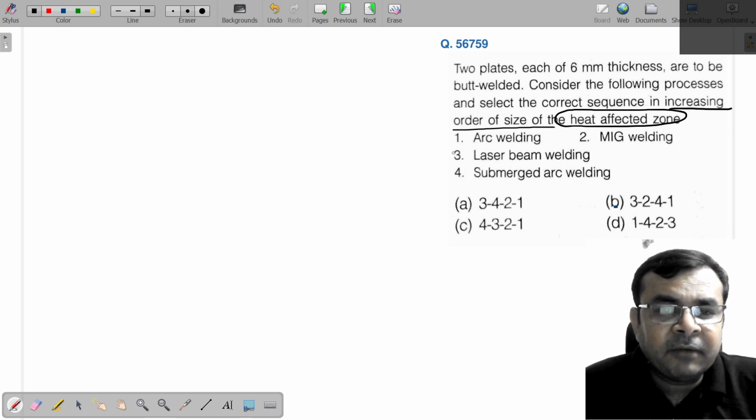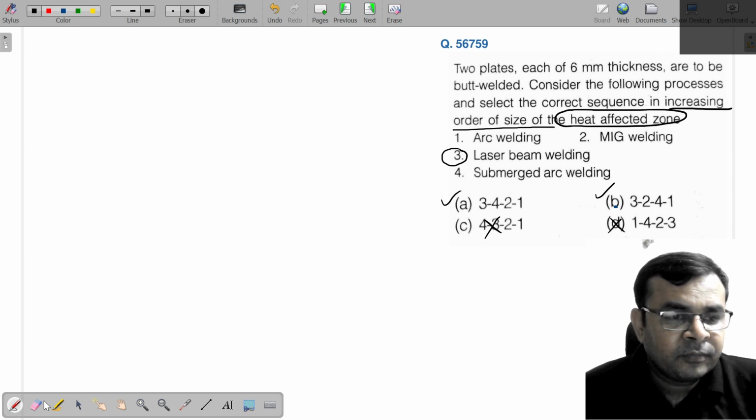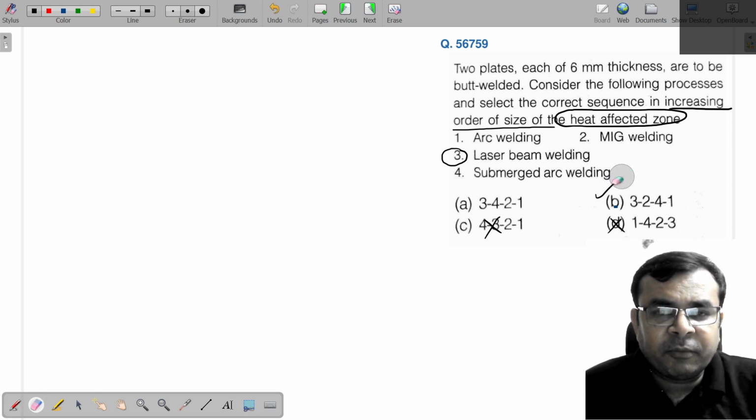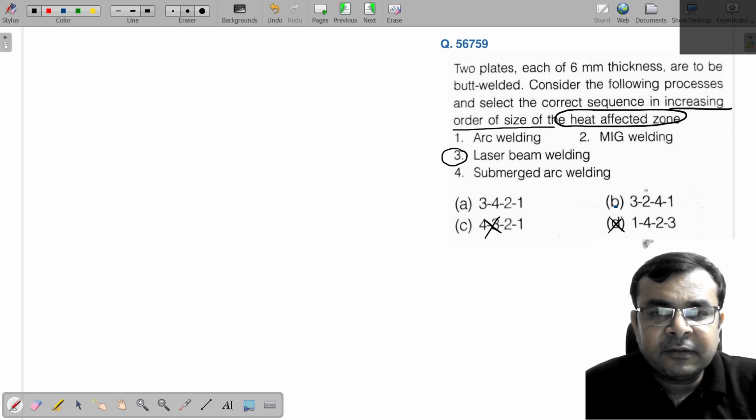So the minimum heat affected zone will be there in the laser beam. So either you can see option A or option B. These two options are wrong. Correct? So A और B में कोई सा सही हो सकता है. Next, then you can see the MIG welding. Yes, this is laser beam, then MIG, then submerged arc welding, and then arc welding.